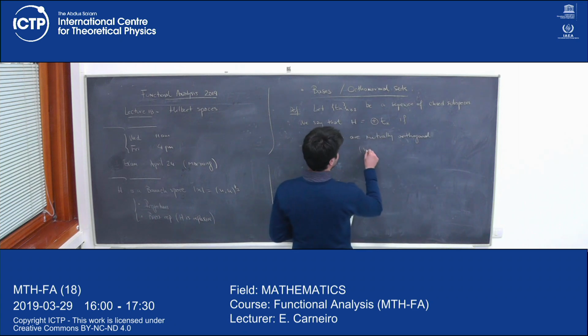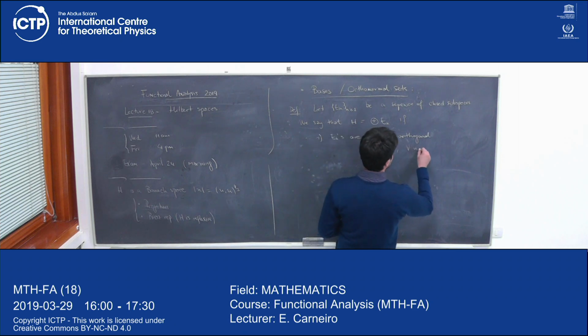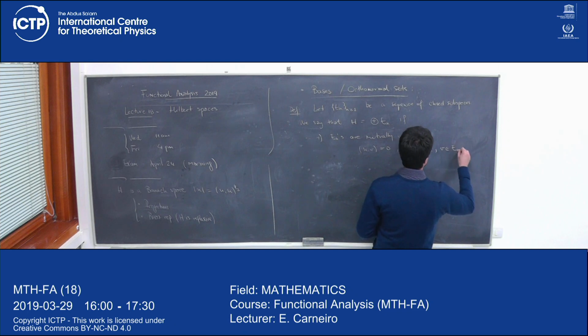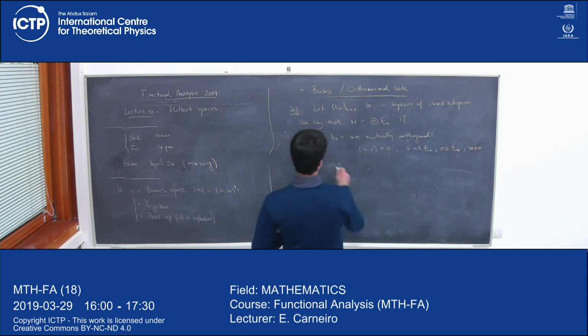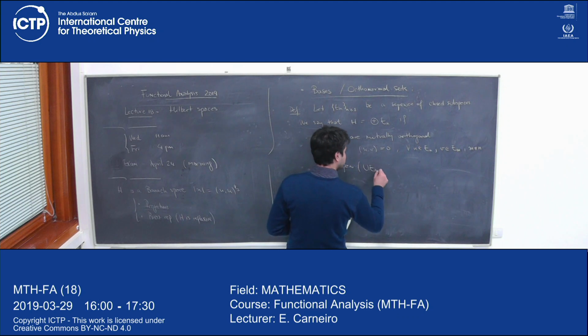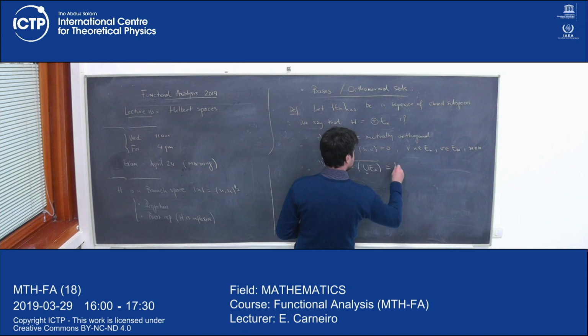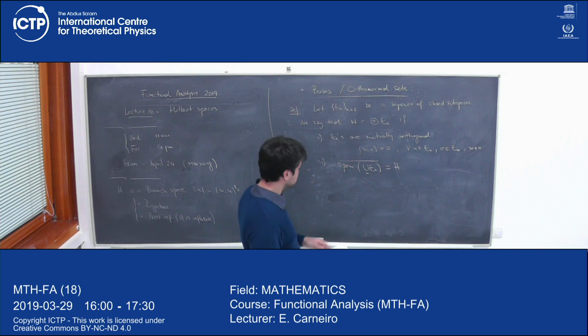That is, if you have u and v in different subspaces, their inner product is 0. And the span of the union of all of these, if you take the closure, gives you the whole space. So the span is dense in H.